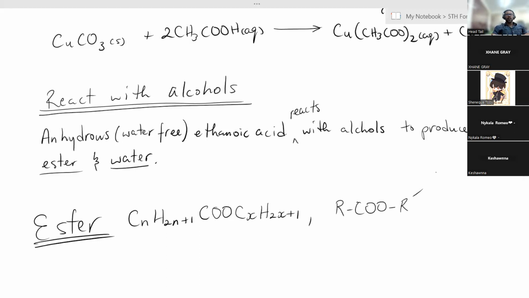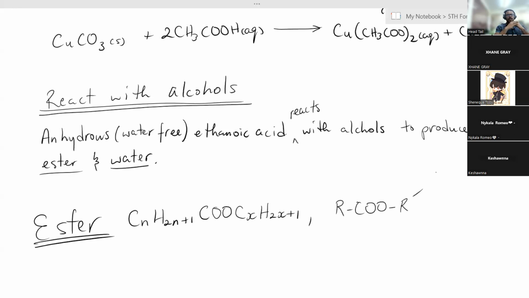If you notice, what forms an ester is two different molecules that link together. Even though esters are naturally occurring in the environment, as we read on we're going to get to know more about them. Esters are basically made up of an alkanoic acid and an alcohol combined together.